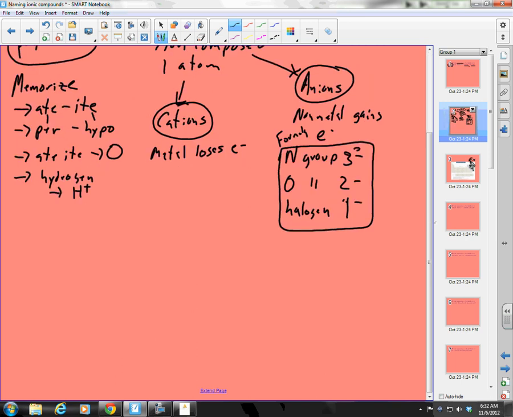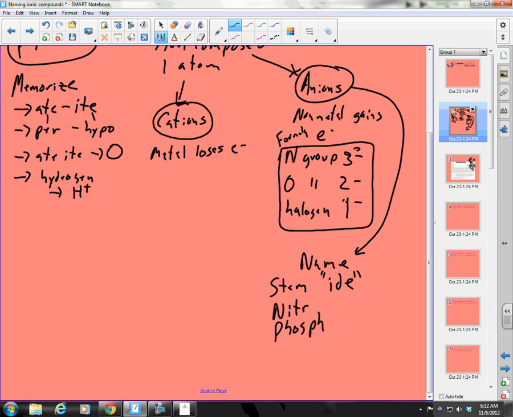So how do I name anions? It's very simple. We take a stem and we add the word ide. Okay, now, what are some common stems? For nitrogen, it's nit. For phosphorus, it's phos. And let's see.